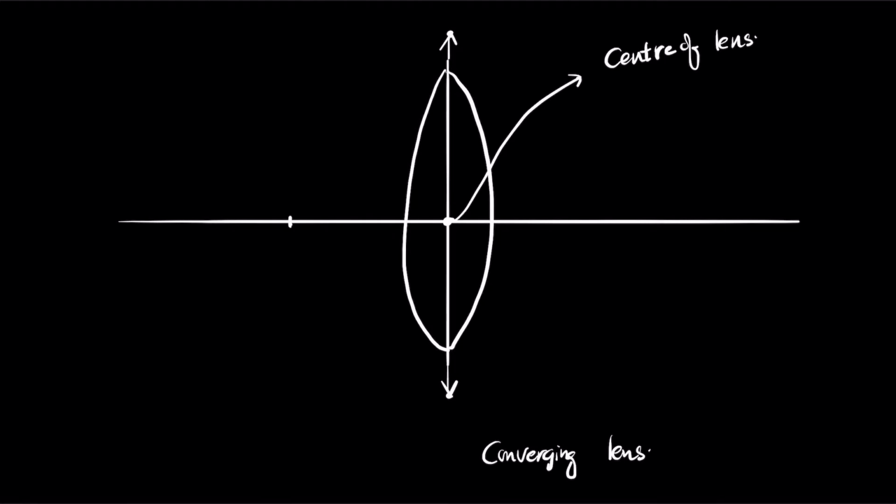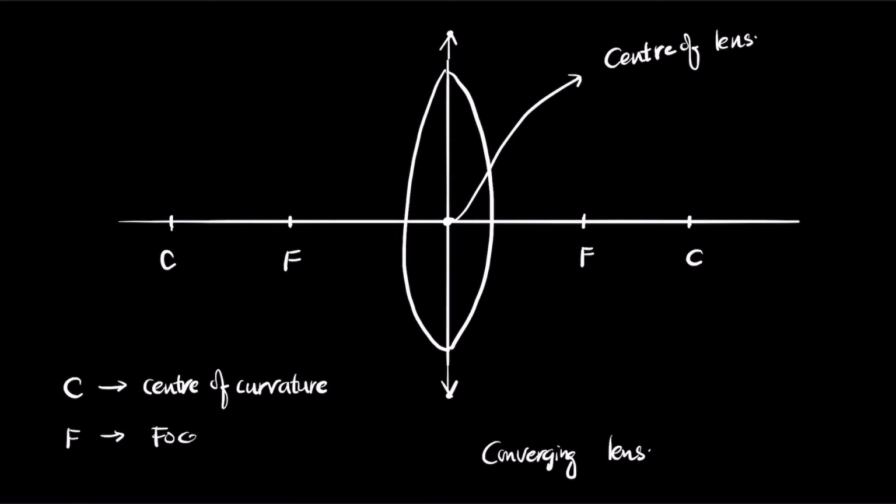We have two points, the focus on either side. Notice that there are two sides, so you get two foci, and there is another point that is two times the focus. We already know this. This is called C. So C is the center of curvature, and F here is the focal point.